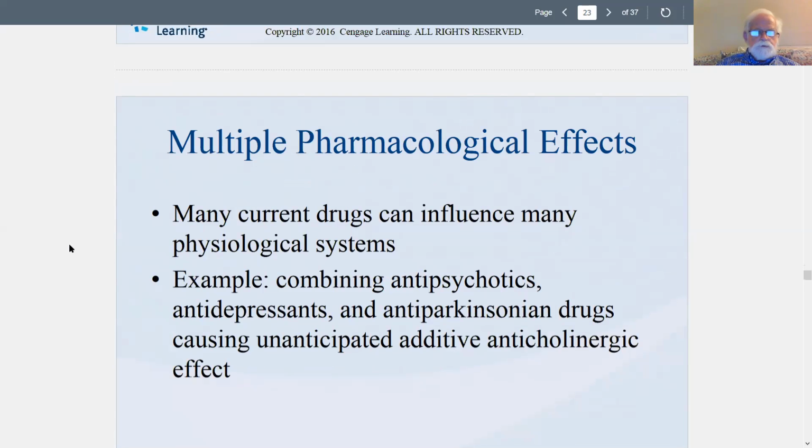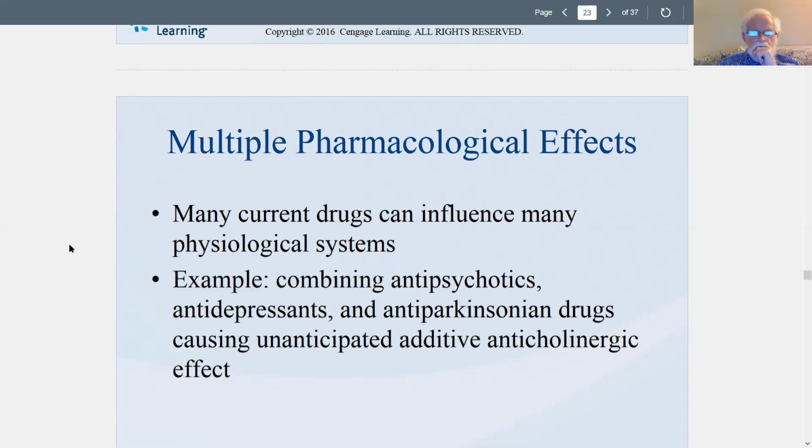Many drugs have multiple effects, and some of those effects are desirable and some are not.